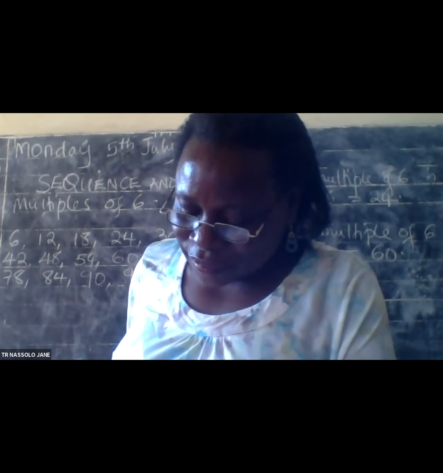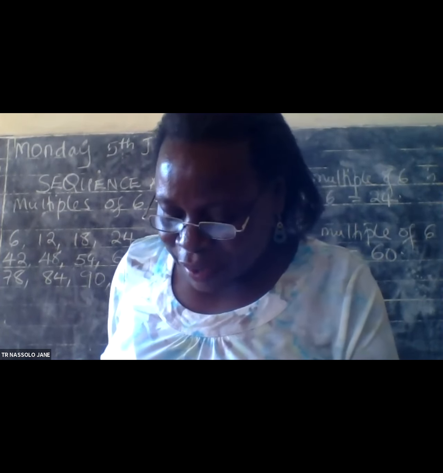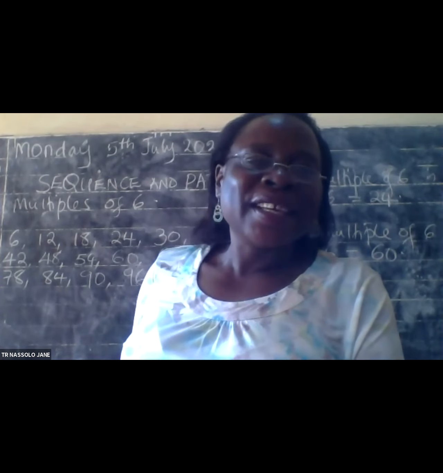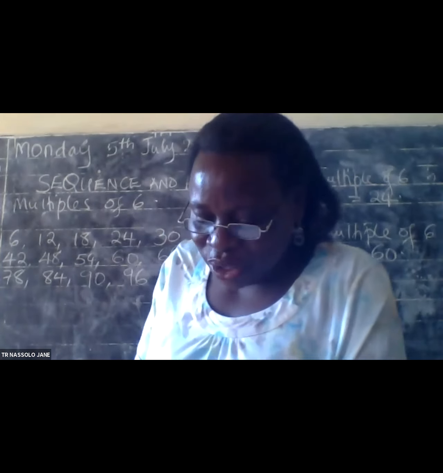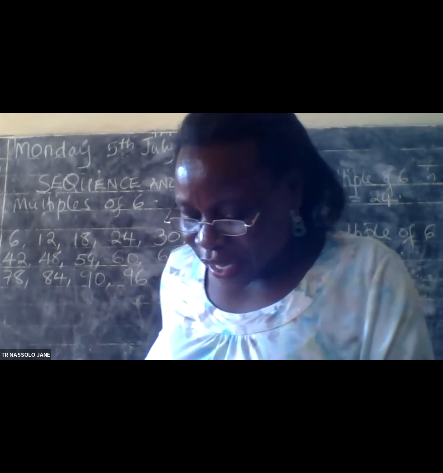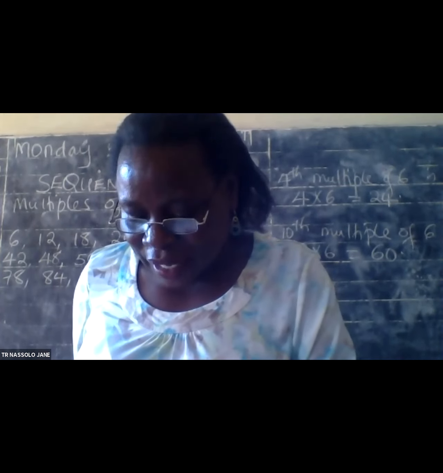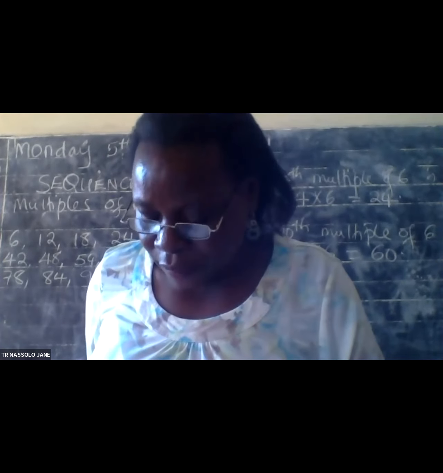You have seen the number is 11, isn't it? Yes, 11, therefore the third multiple of 11 is 33. Can you continue? The ninth multiple of 11 is 99.